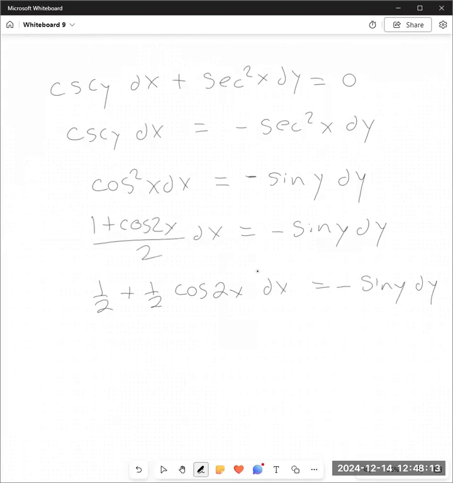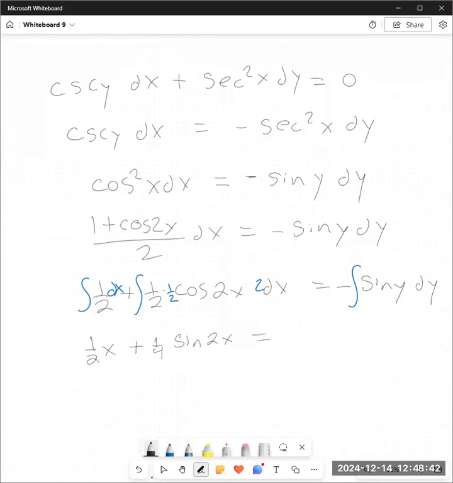And so this is going to be 1/2 x plus, I need a 2, another 1/2 here. I'm going to be integrating everything here. And so that's going to be 1/4 sine 2x is equal to a cosine y plus constant of integration c, something like that.